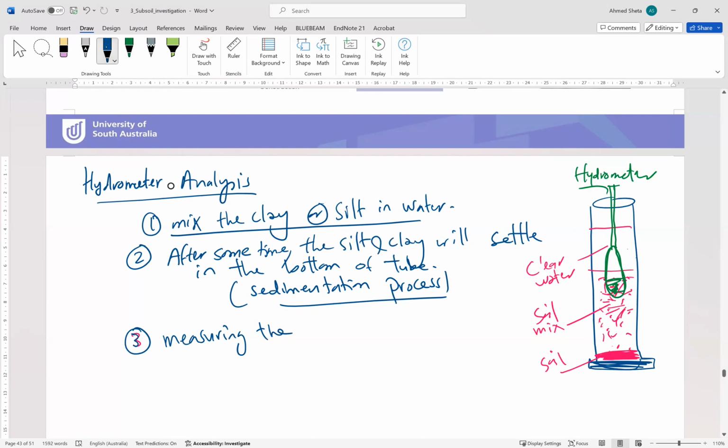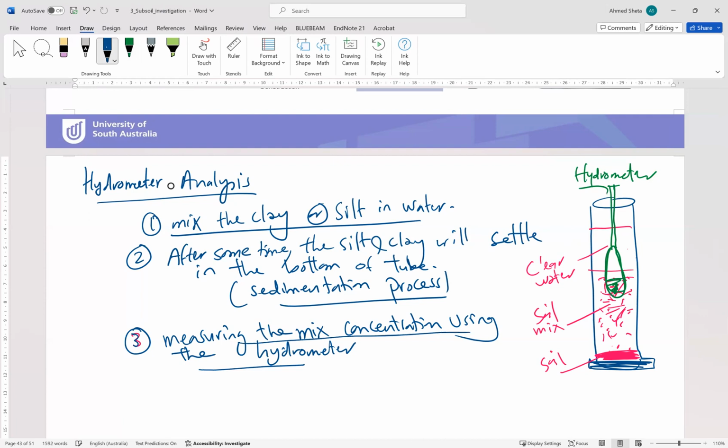So measuring the mix concentration using the hydrometer over time. For example, each 30 minutes, 1 hour, and so on.